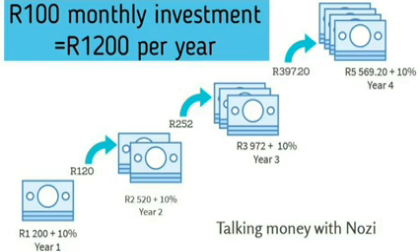So, if you invest 100 Rand a month, it means that in 1 year, you would have invested 1,200 Rand, because 100 Rand times 12 months is 1,200. And if you're earning 10% per year, in year one, which is what you see bottom left of the picture, 1,200 plus 10%, which is 120, gives your total balance at the end of the first year of 1,320.